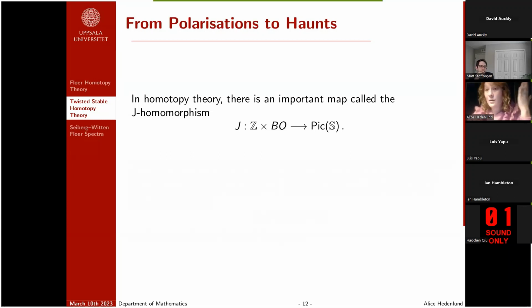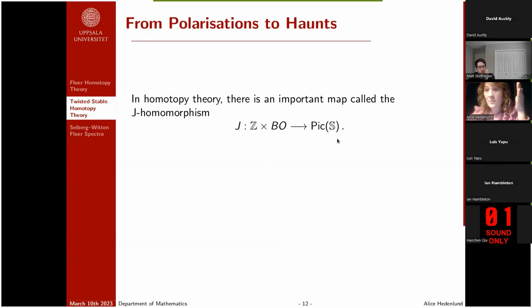Okay, so first of all, in homotopy theory, there's this really important map called the J homomorphism. The J homomorphism is a map from Z cross BO to the Picard space. And morally, what this does is that it takes some real vector space and sends that to some invertible spectrum.